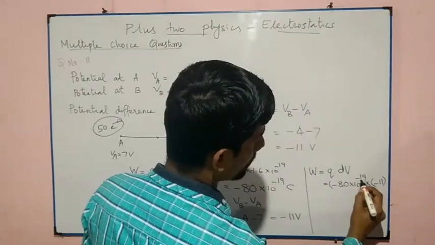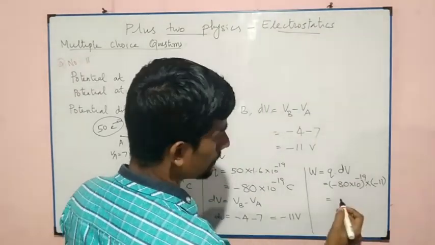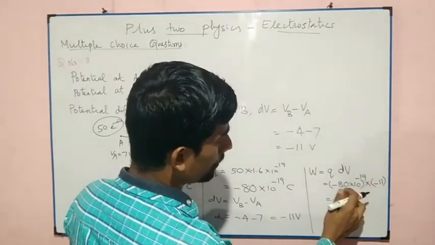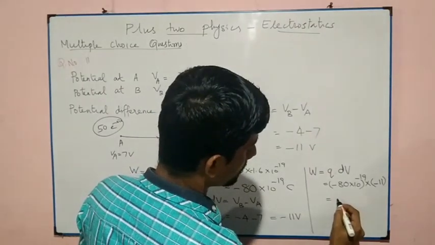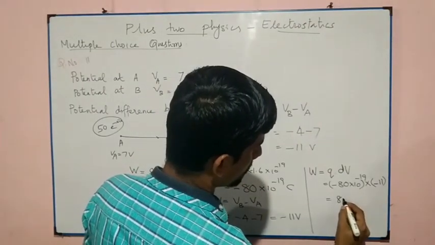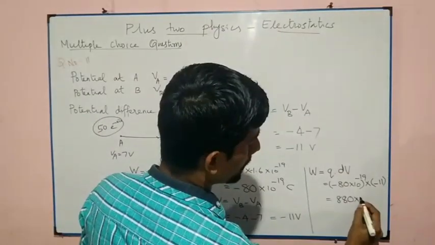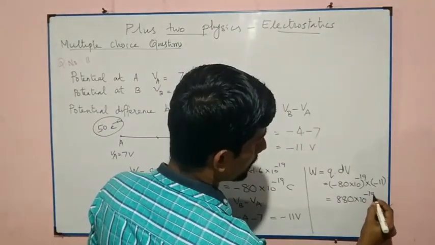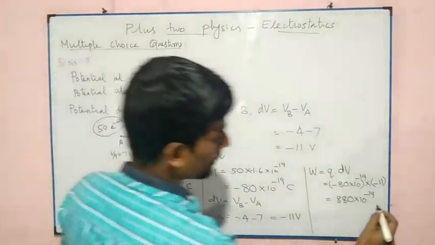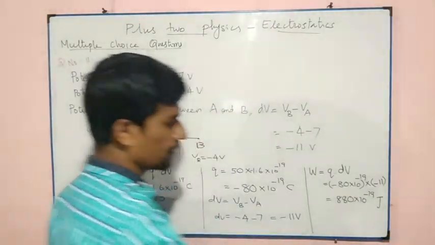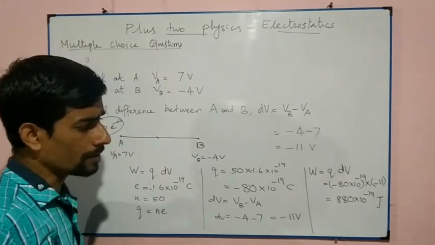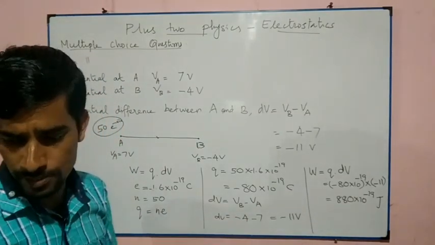Minus into minus we get plus. So 11 into 80, we get 880 into 10 power minus 19 in terms of joule.